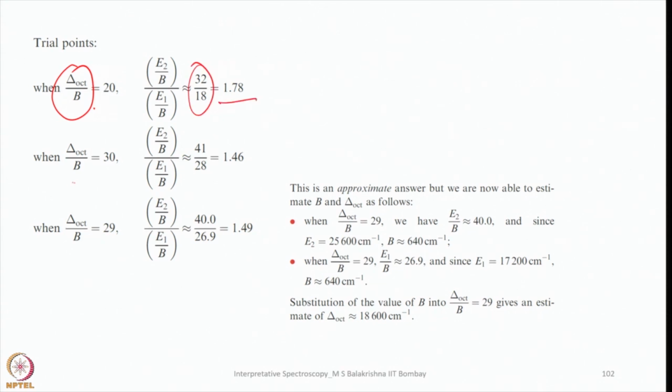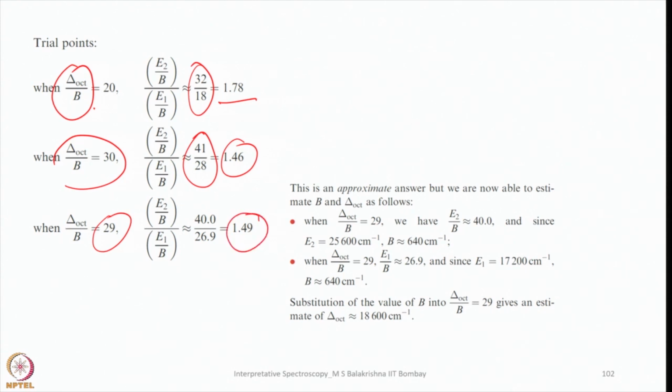Similarly, you make another trial considering delta O over B equals 30, and again at that value you find E2 from the y-axis and calculate these 2 values and get 1.46, and then you do one more trial and arrive at the one we found from the data.